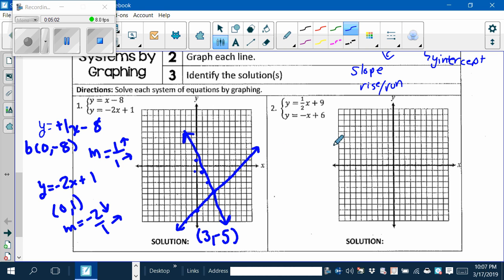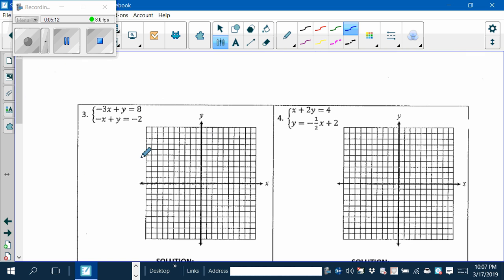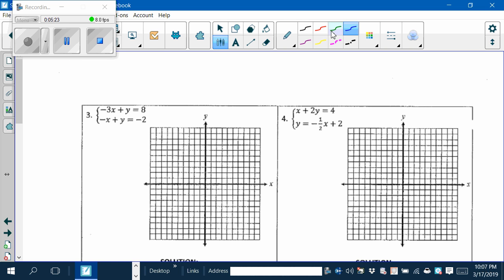Now remember, these are pretty easy because they're already in slope-intercept form. What happens if we don't have lines that are in slope-intercept form? That's when we get to ones like this. This equation is negative 3x plus y equals 8.